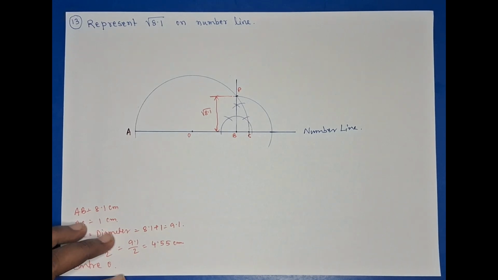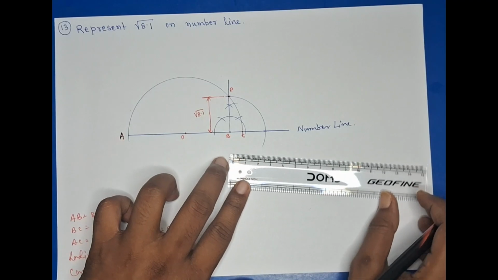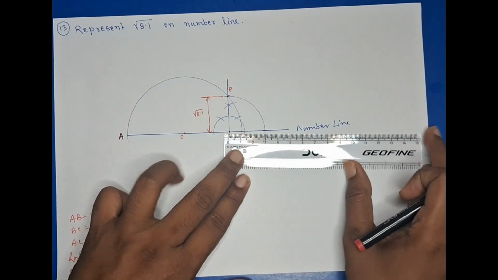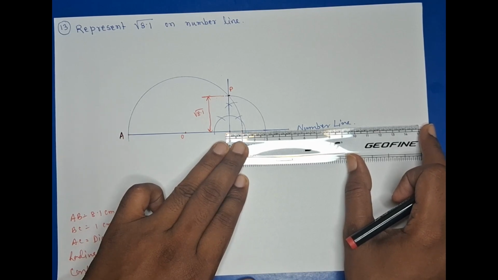And now what we have to do, we have to consider this B as 0. Then we have to draw some lines.